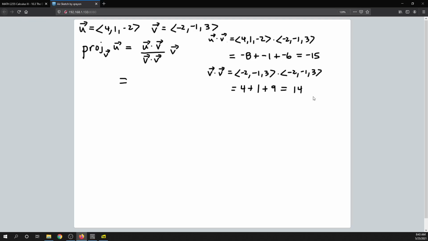Okay, so the orthogonal projection is going to be -15/14 times v, which is -2, -1, 3. Okay, so that is part of the decomposition. That's the parallel part. The next thing that we'll have to calculate is u minus the projection of u onto v.